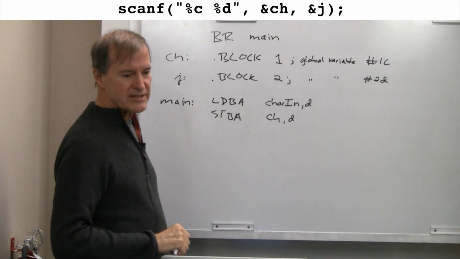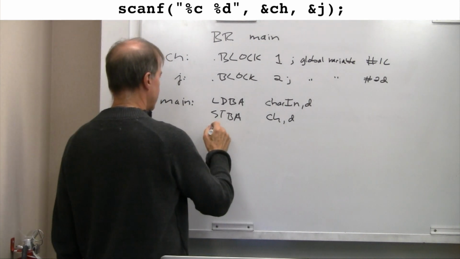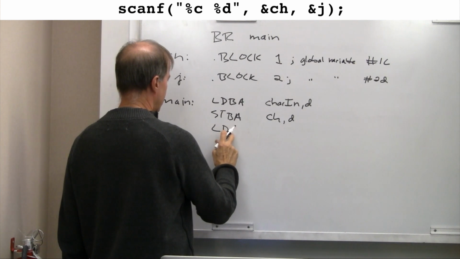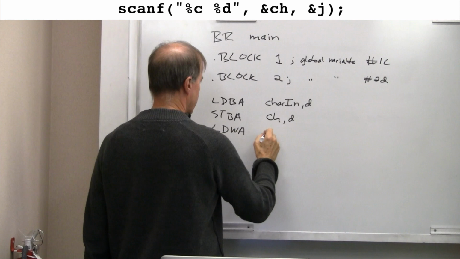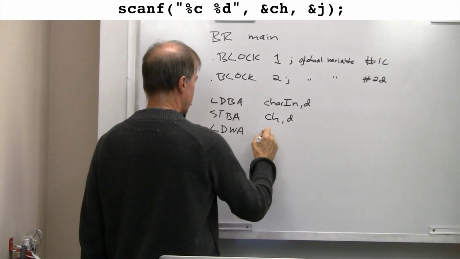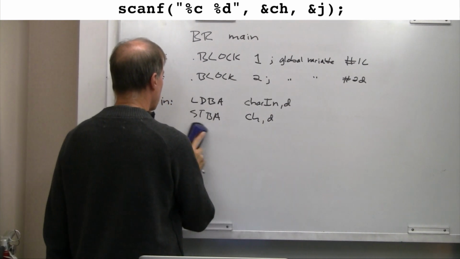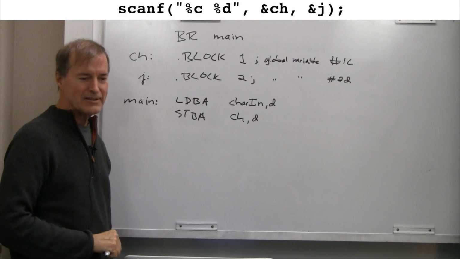Okay, so now how do we scanf the J? Load word accumulator. Oh no, sorry, not load word. Sorry, that was way incorrect.